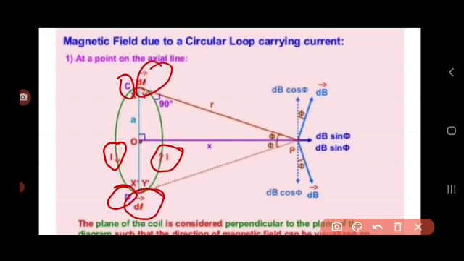Now the center of the coil is O, and from the center the distance of point P is x, and let us consider the distance CP is r.